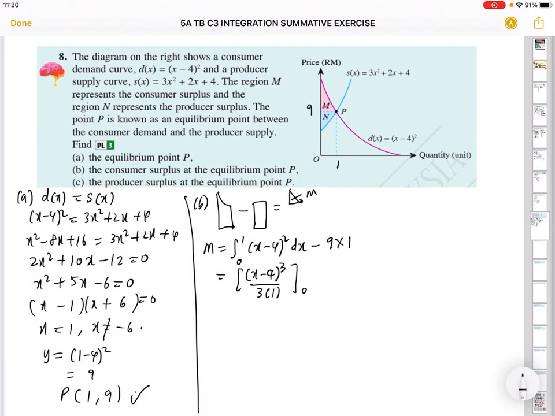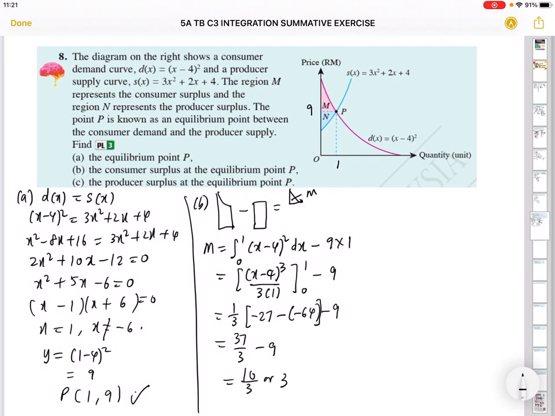Let's put 1 inside: 1 minus 4 is negative 3, negative 3 cubed is negative 27. Put 0 inside: 0 minus 4, negative 4 cubed, negative 64. From here, 64 minus 27 is 37 over 3. You minus 9, you get 10 over 3, or you can write 3 1/3 square units.